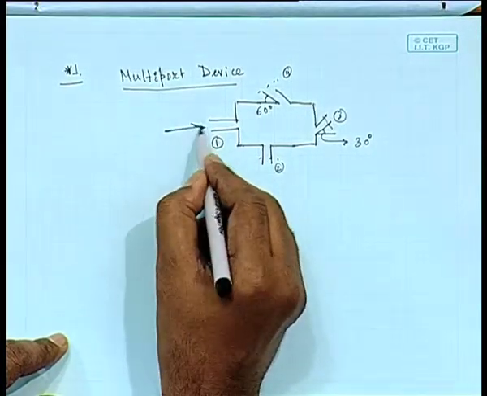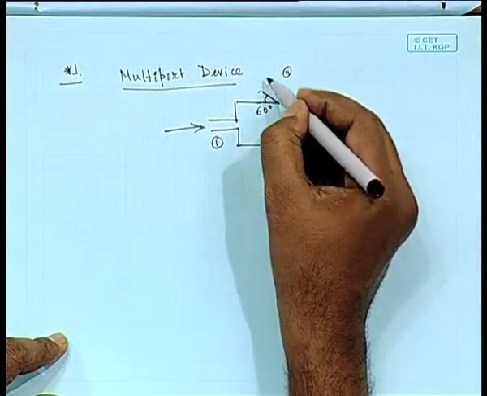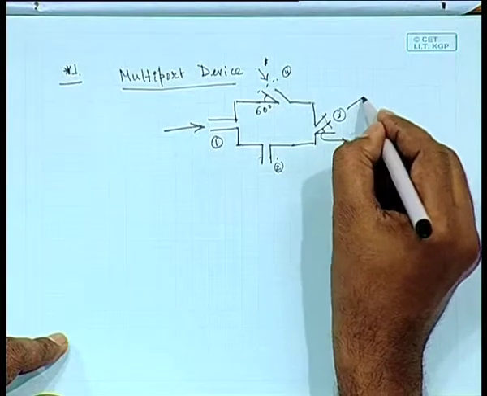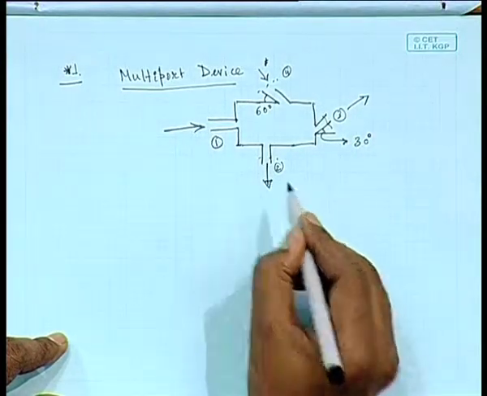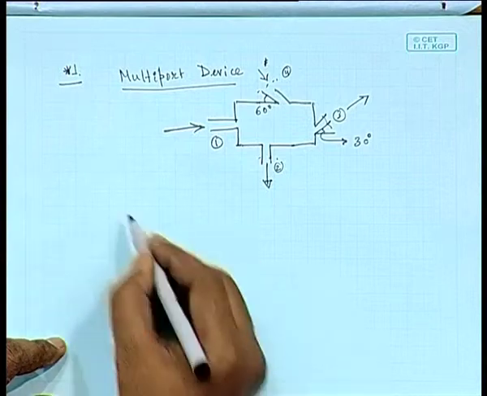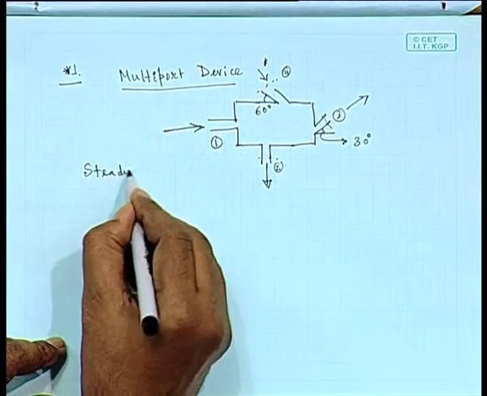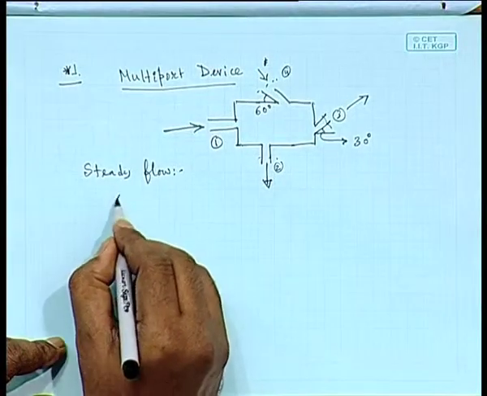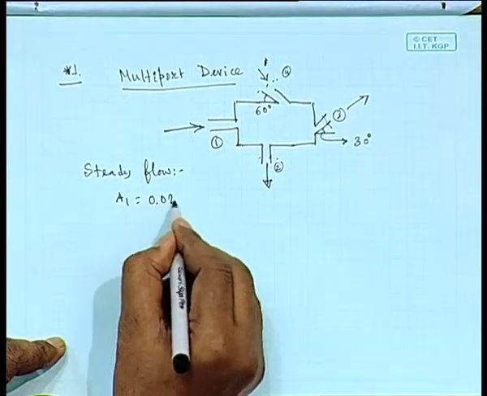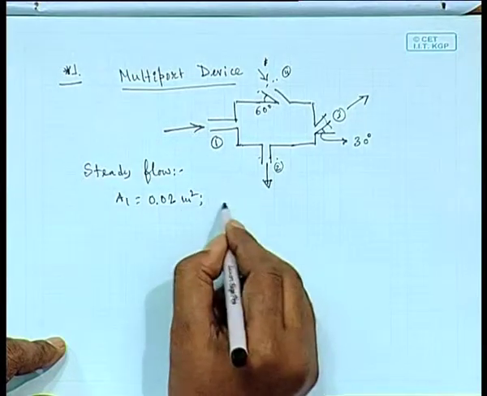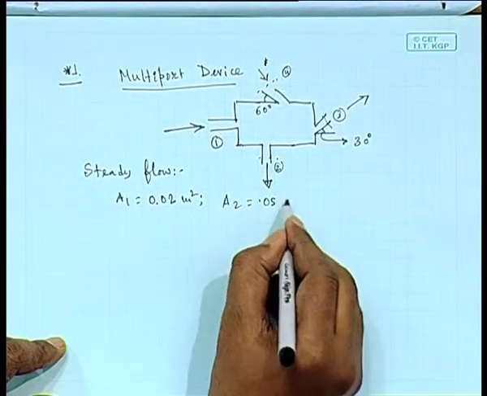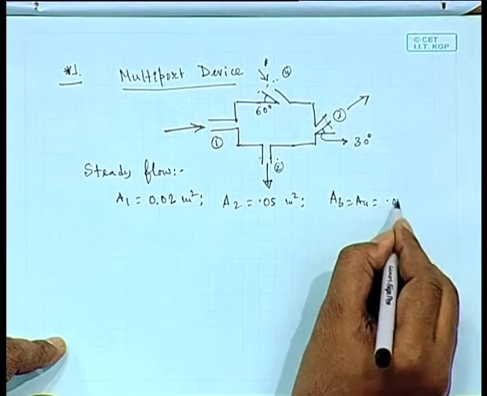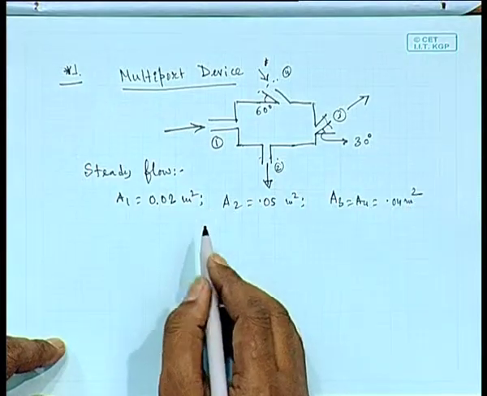And fluid is coming in across port 1 and through port 4. It is going out from port 3 and from port 2. Now, it is a steady flow, and A1, A2, etc. are all specified: A1 is 0.02 meter square, A2 is 0.05 meter square, and A3 and A4 are the same, 0.04 meter square.